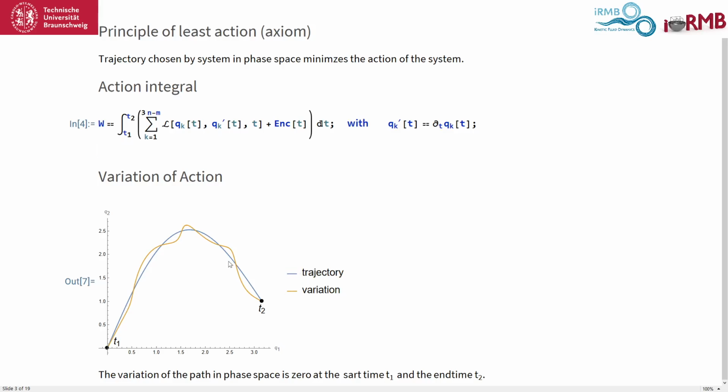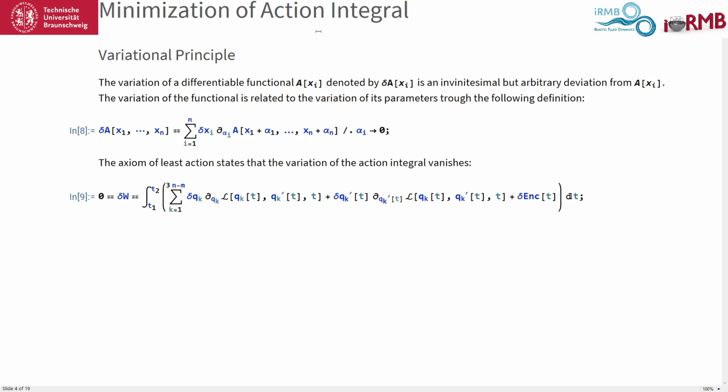There are two trajectories: one is potentially the one that would be taken, and the other one could be a small deviation of the one that would actually be taken, like this is drawn here. The minimization of this integral is done through the variational principle.